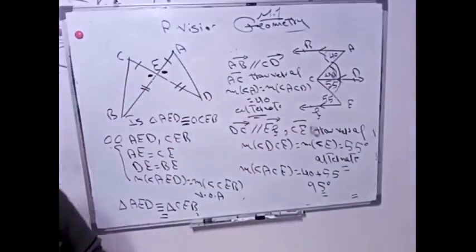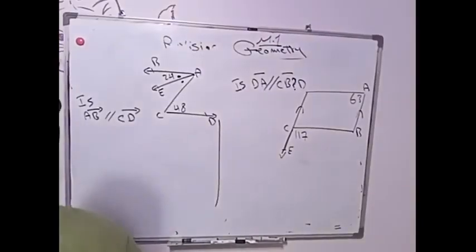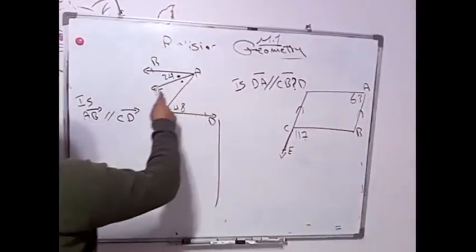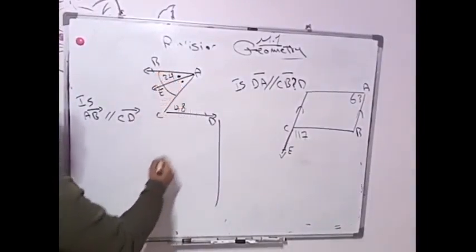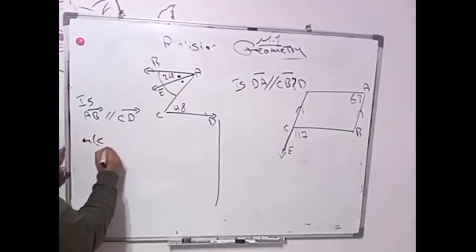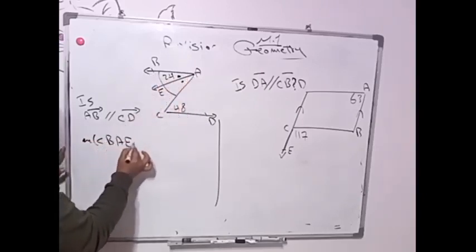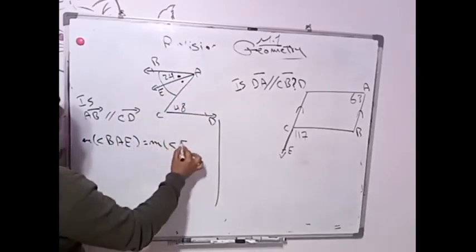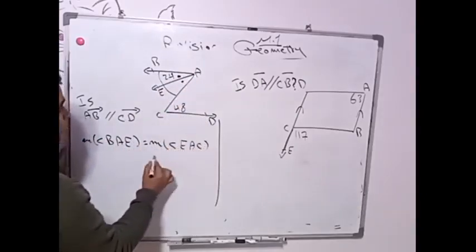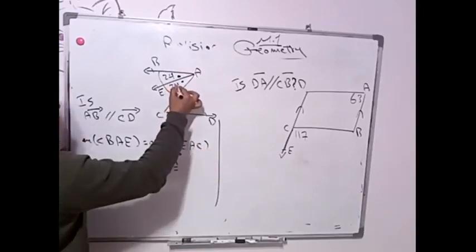This is about my question now. I have AE bisecting angle A, so we have measure angle BAE equal to measure angle EAC equal 24 degrees. So this is 24.